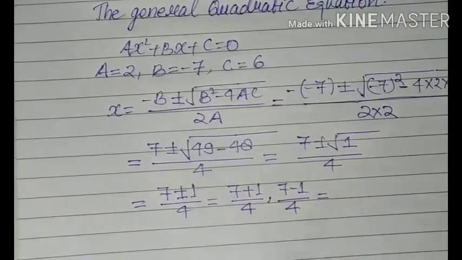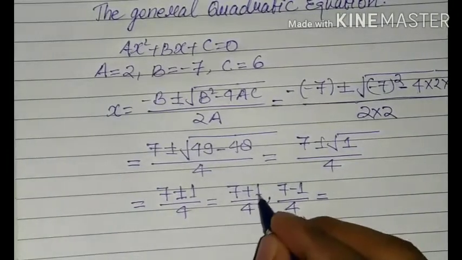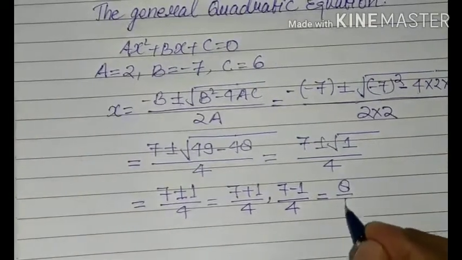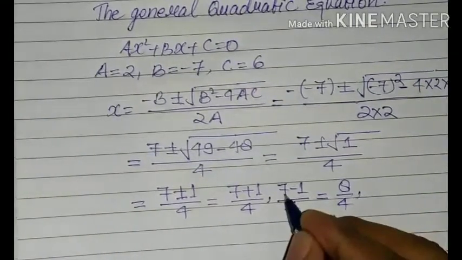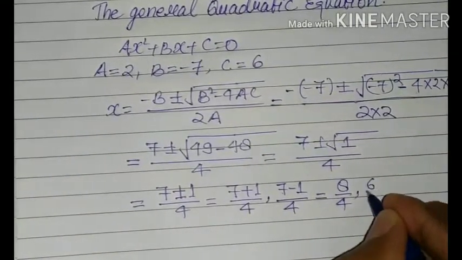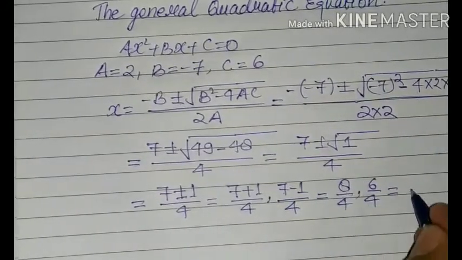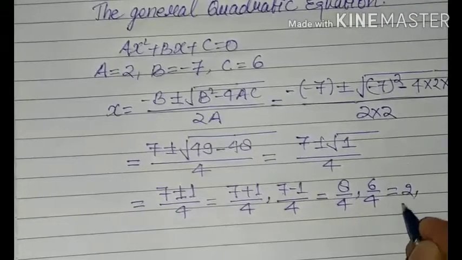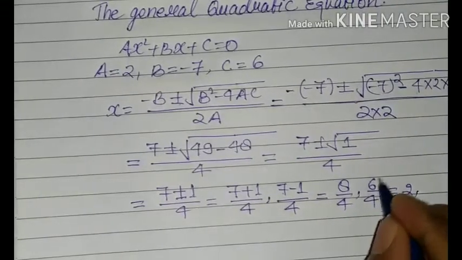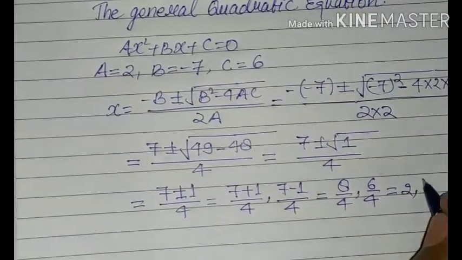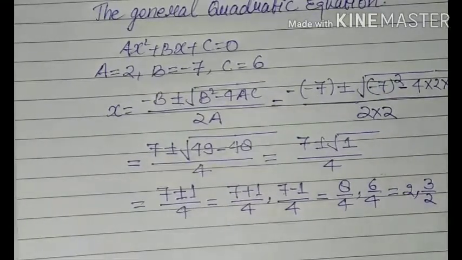Okay, and which will be equals to 7 plus 1 is 8 by 4, and again 7 minus 1, which is 6 by 4, and which is equals to 2, since 4 twos are 8, and 3 by 2, since 2 threes are 6 and 2 twos are 4.